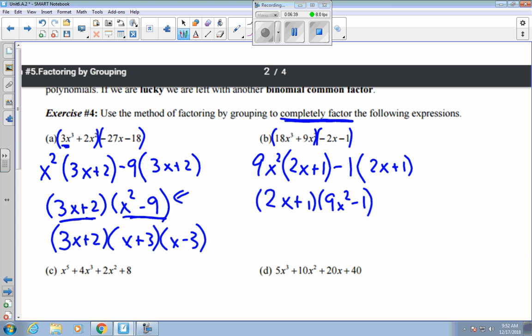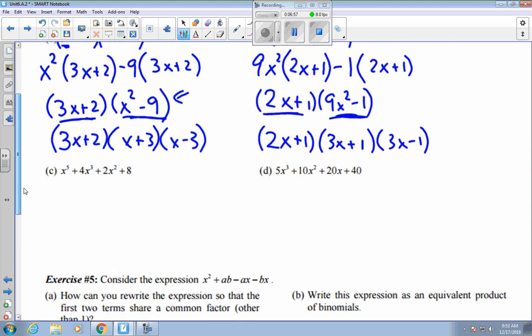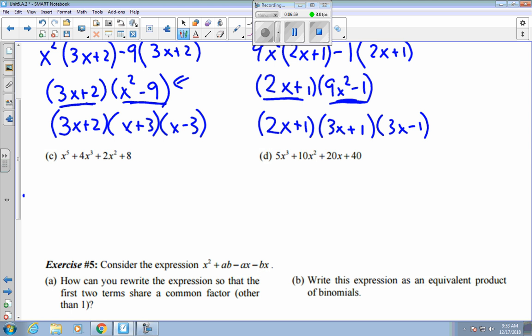Look for difference of two perfect squares. 2x plus 1, there is no difference of two perfect squares. But 9x squared minus 1 is a difference of two perfect squares. It breaks down to 3x plus 1, 3x minus 1. And that is factored completely. It does not always have to factor further. Sometimes it does.